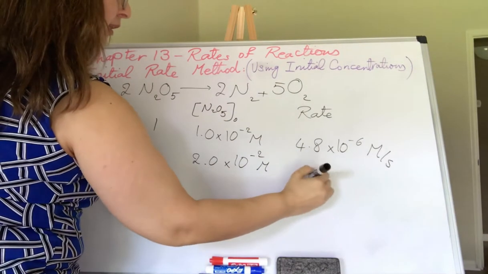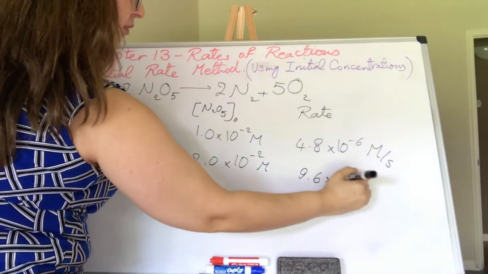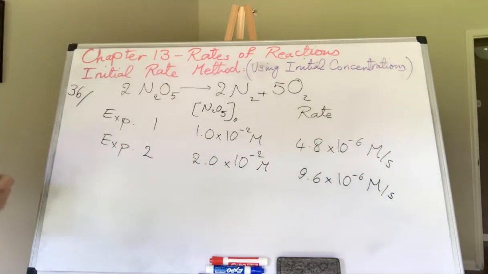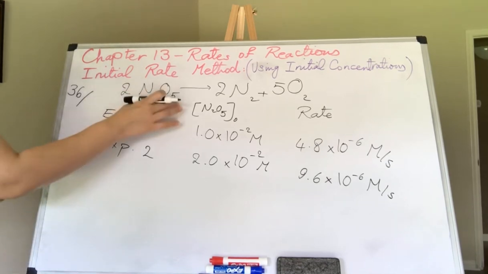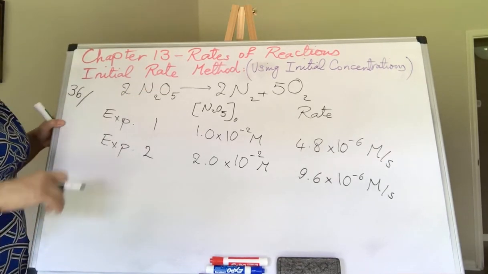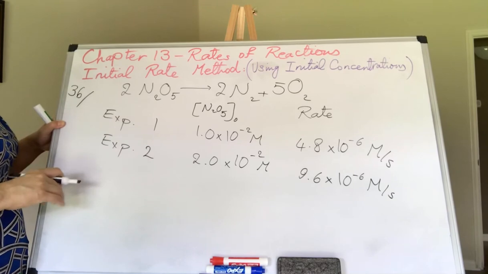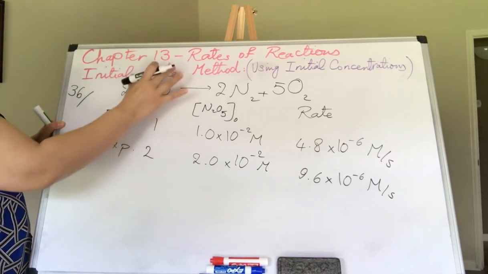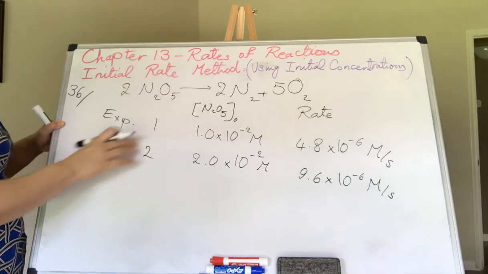And by doubling, we have the reaction rate doubled also. We are supposed to find the order of reaction for N2O5. This is the simplest type of question you can have, just one reactant and 2 sets of experiments.